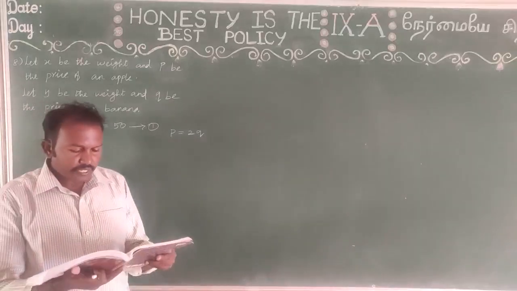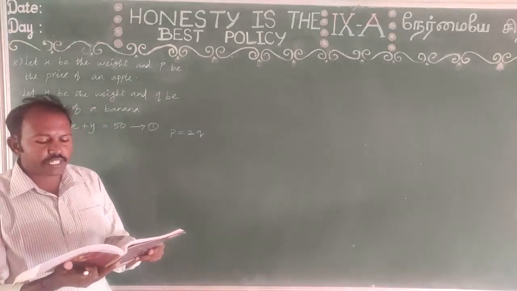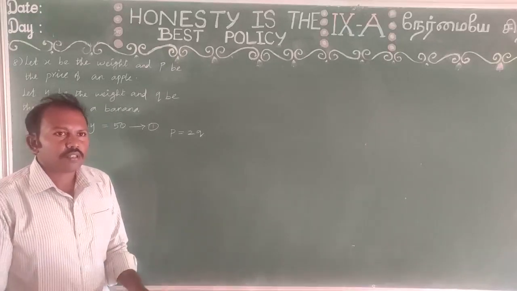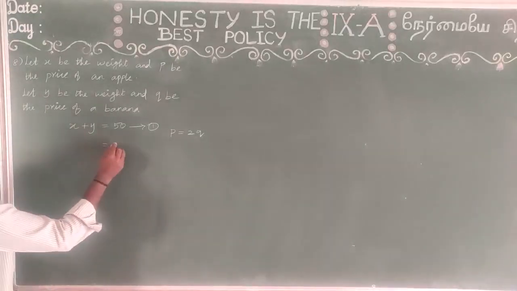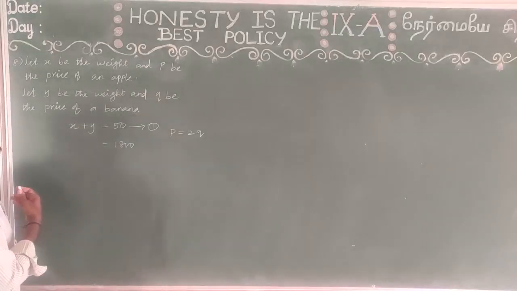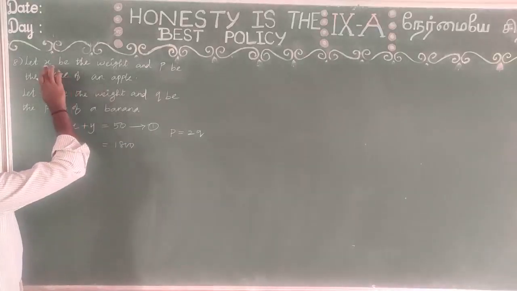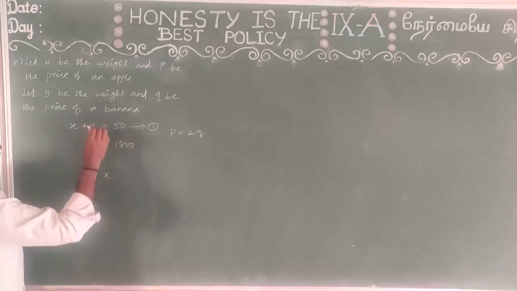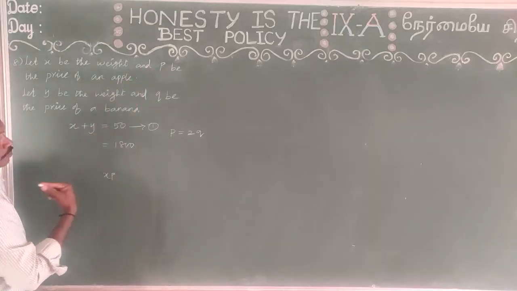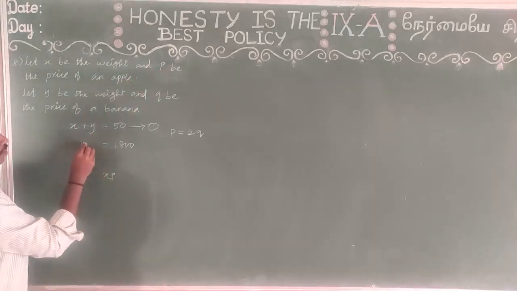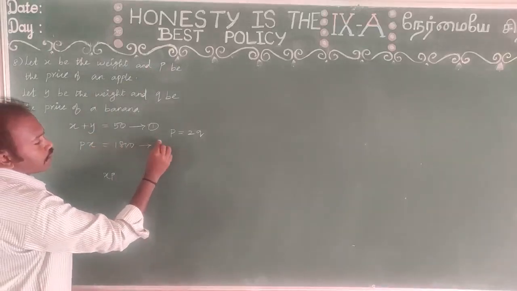Next one, Inia bought 1800 rupees worth of apples. The weight of apples is x, the price is p, so px. That is equation number 2.